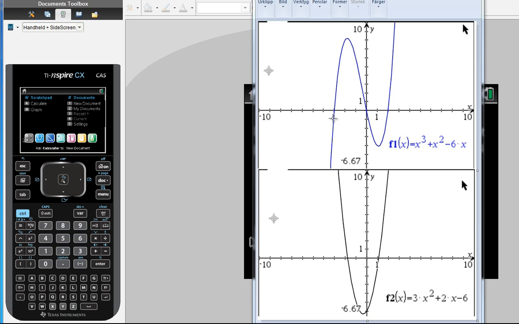Okay, to the left of x is minus 1.8, it's positive because it's increasing, and we can see here if we go to the left of x is equal to minus 1.8 it is positive.